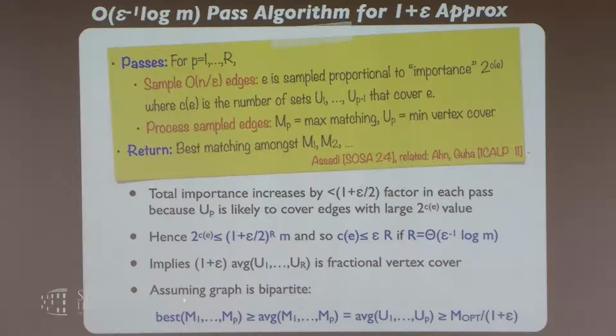So the best matching you discover is bigger than the ultimate matching, modulo a factor of 1 plus epsilon. Okay. Any questions?